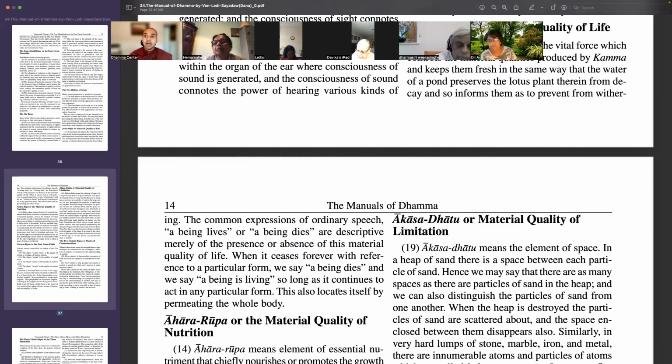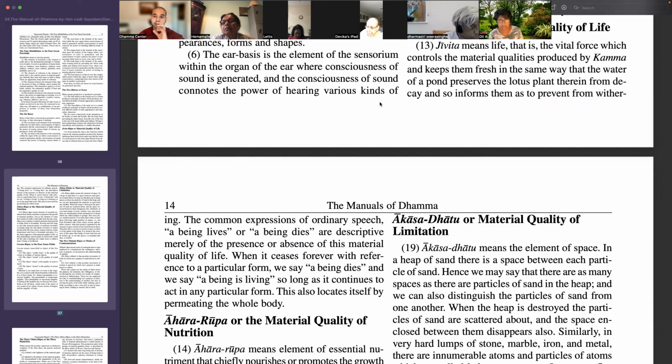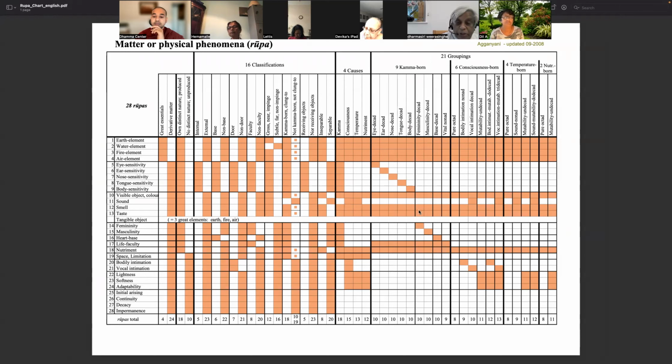Bhante, the Jivitendriya's applicability is only for the Karmaja Rupa. Yes, Karmaja. So that means there are altogether 9 Karmaja Rupas, the Rupa associated with all the senses, and the Vastu.